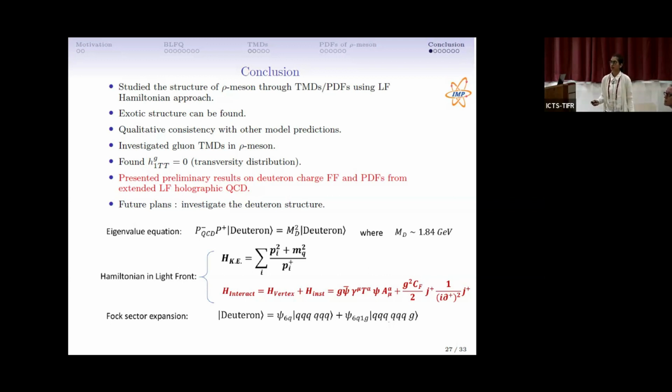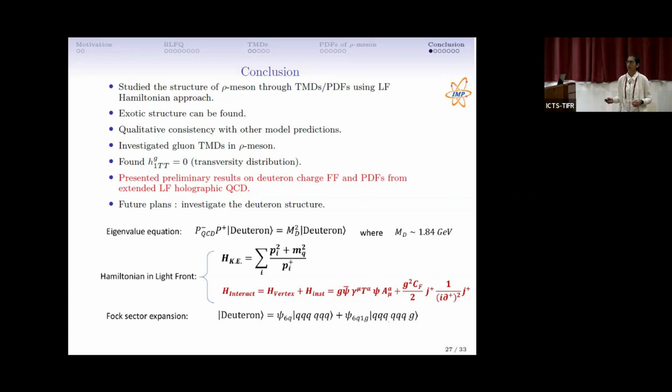We also investigated gluon TMDs and PDFs, and we found the transversity distribution is 0, but it can be non-zero if we include more and more Fock sectors. And the other thing is we presented preliminary results on the neutron charge form factors and PDFs from extended light front holographic QCD. Our future plan is to investigate the neutron structure in the BLFQ approach as well.